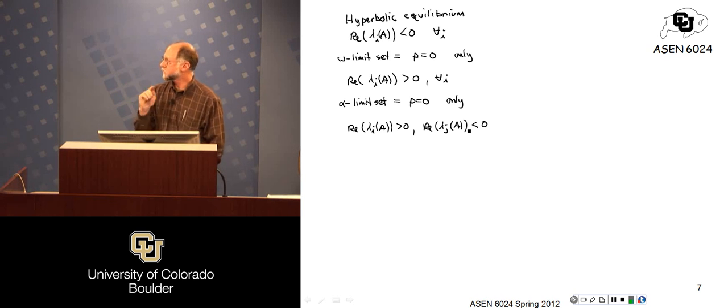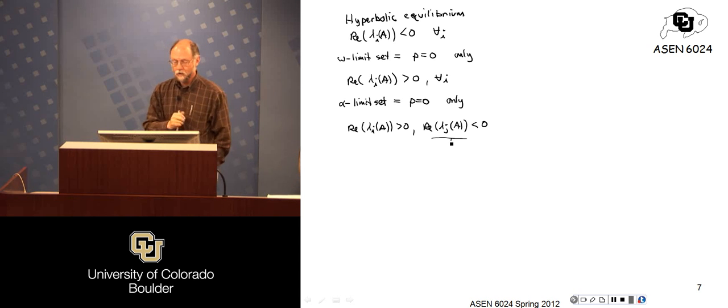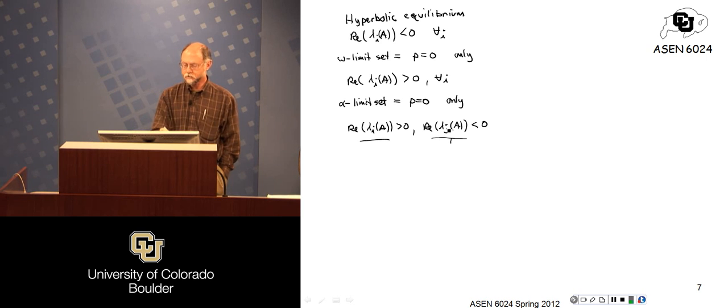If I start in the subspace corresponding to the negative eigenvalues, I stay in that subspace, and that decoupled form tells me that I have exponential convergence to the origin. So if I start in that subspace, I converge to 0, and so I'm going to have omega limit points at the origin there. But if I start in other places, away from those subspaces, then those solutions would blow up, and there'll be no omega limit points associated with those, only alpha limit points.